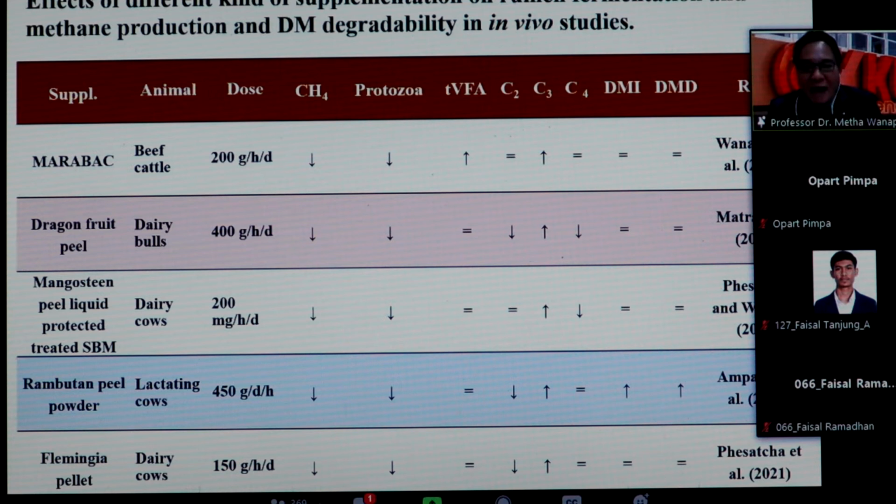At the same time, we plan to do more supplementation of Marabac with dairy cows and fattening beef cattle to see the effect on the quality of the product, particularly whether the bioactive compounds like peptides and conjugated linoleic acid would be significantly improved, and to what extent. This needs to be done.